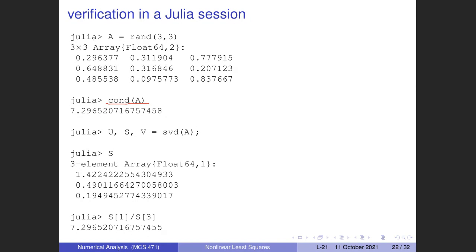We compute the singular value decomposition and take the largest singular value over the smallest singular value, and you can see that the output coincides almost exactly. Isn't that nice? So the command to compute the condition number is actually a wrapper over the singular value decomposition.